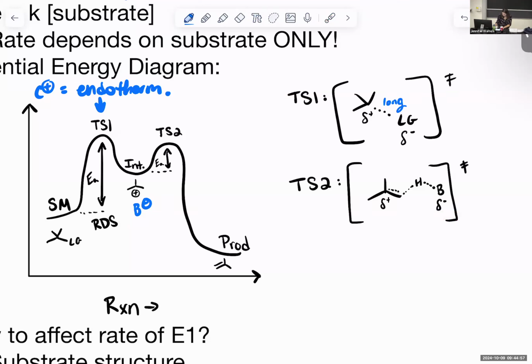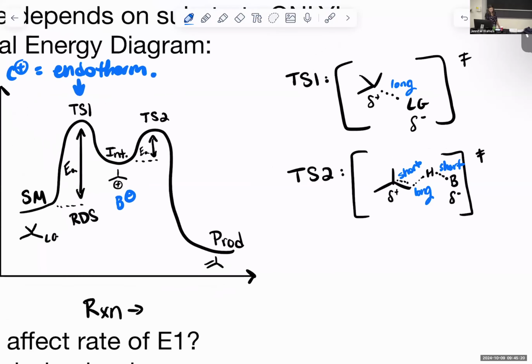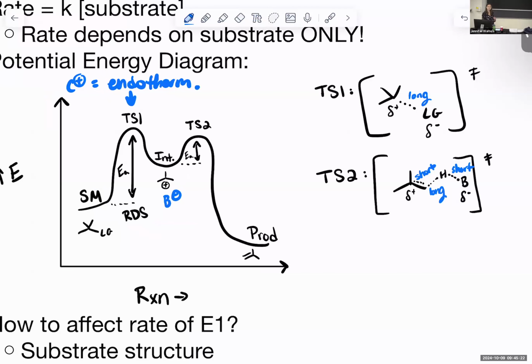And then because it's an early transition state, I again can assume that my double bond, that pi bond, is going to be short. The carbon-hydrogen bond exists, so that's going to be long. And then the hydrogen-base bond is also going to be short because it doesn't exist yet in the early transition state. That's how we're using that Hammond postulate.